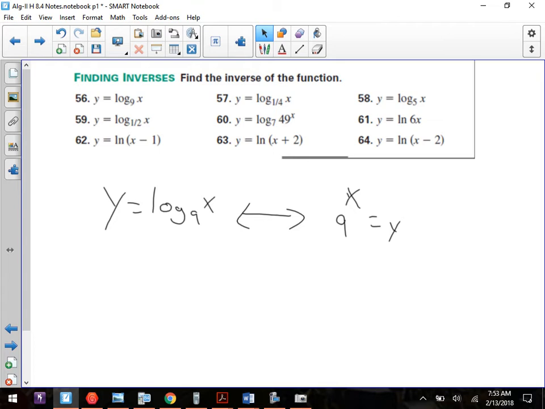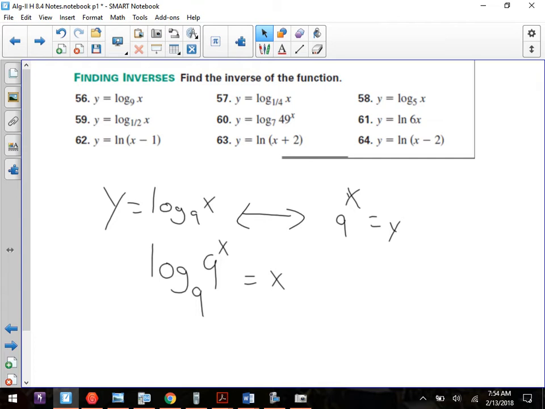Remember the property we talked about yesterday? If I do log base 9 of 9 to the x, what happens? It cancels it out, you get x. Exponential form is the inverse of logarithm.